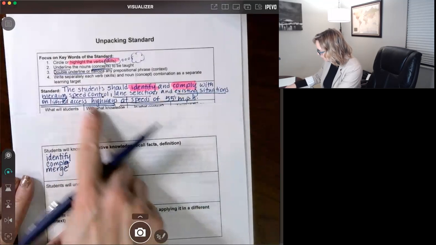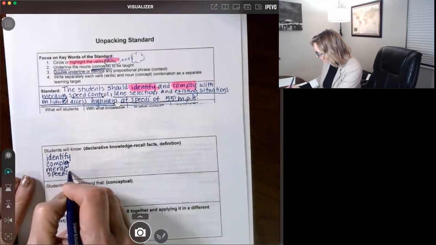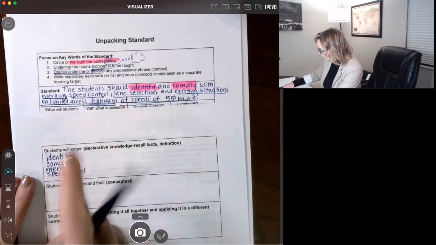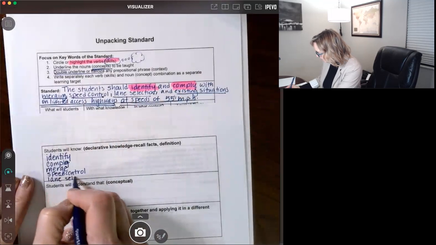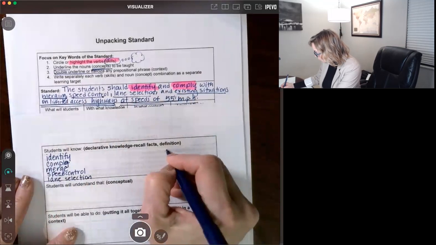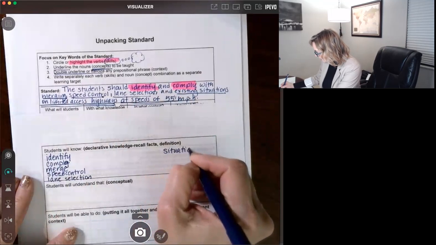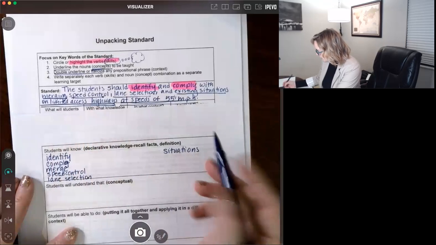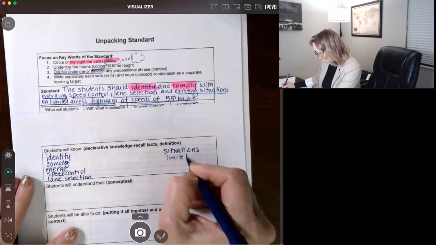They need to know speed control. They need to know lane selection. They need to know situations. They need to understand what limited access highways are.